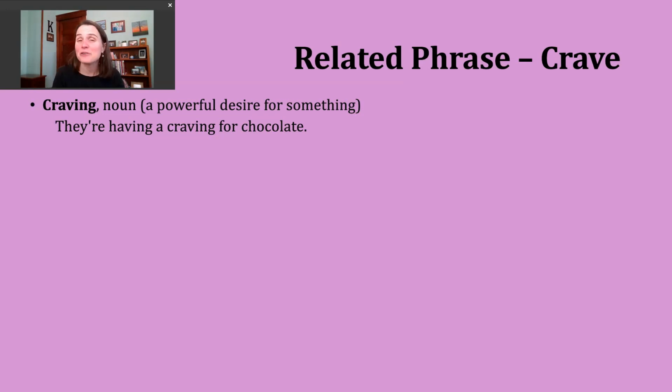An example of how you might hear it used in a sentence might be, they're having a craving for chocolate. Okay? That article, the letter A, helps us know that this is the noun form of the word, right? So they have a powerful desire for wanting to consume or eat chocolate.